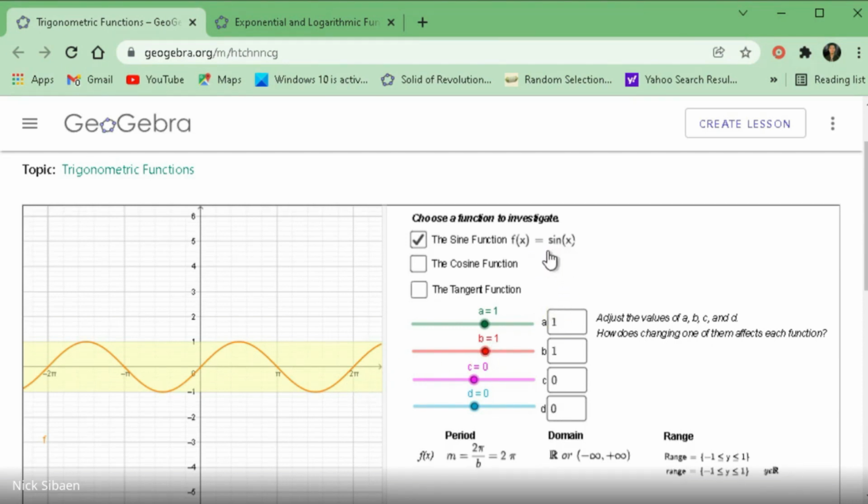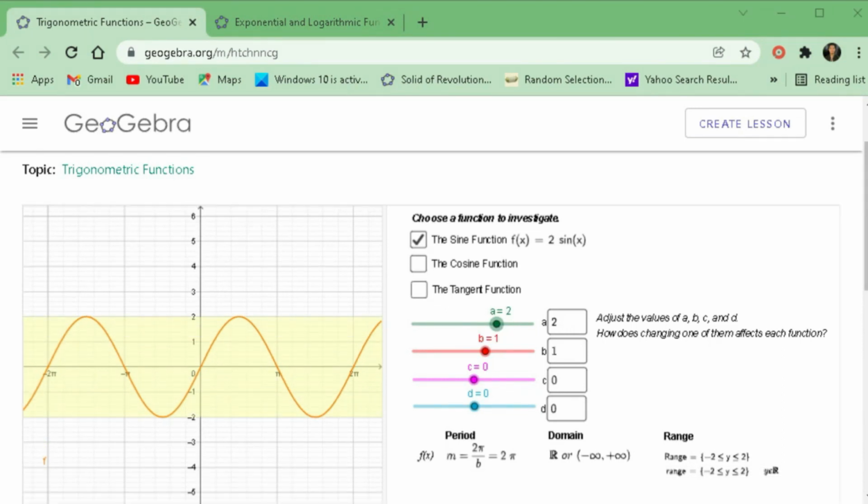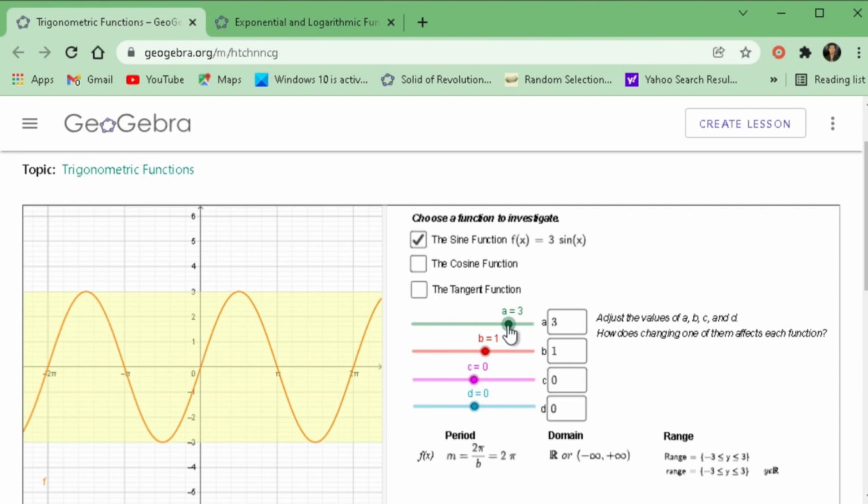When we look at the mother function, y is equal to sine x, the value of a there is 1. It's set as 1, and the value of b is again 1. What does the value of a tell us again? If I make it greater, from 1 to say 2, what happened to the graph? If I make a equal to a higher number, 3, the amplitude gets bigger.